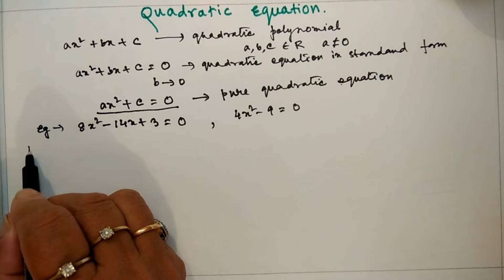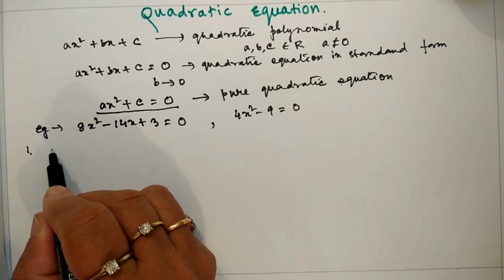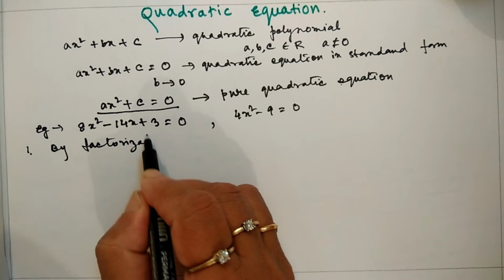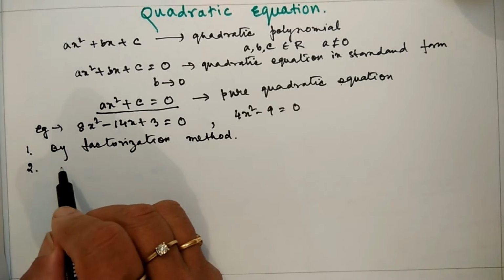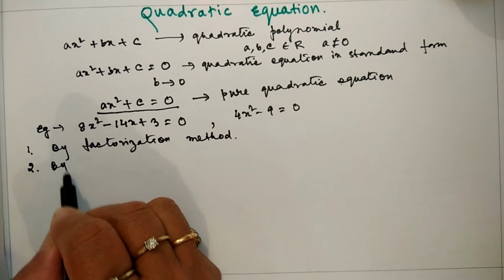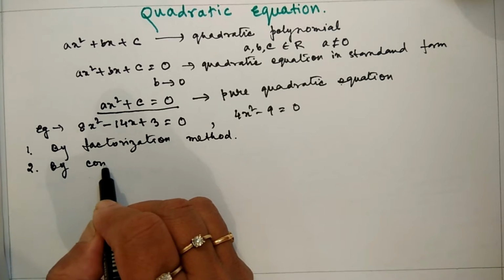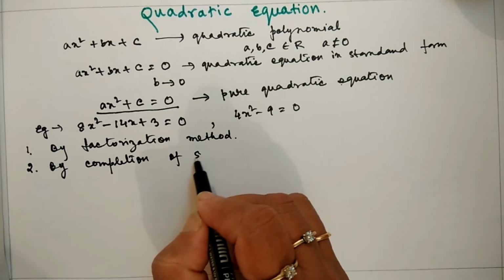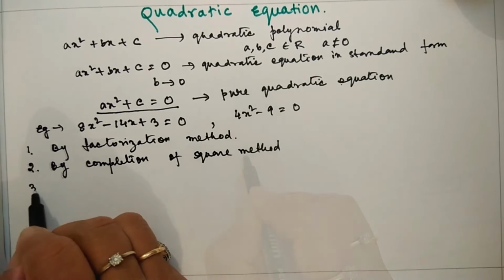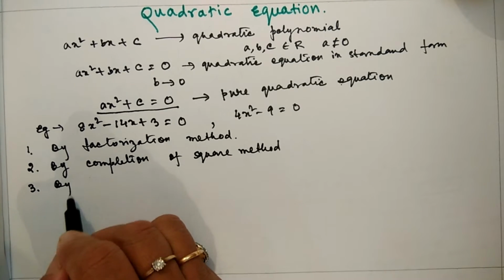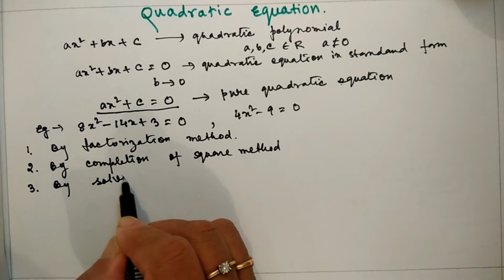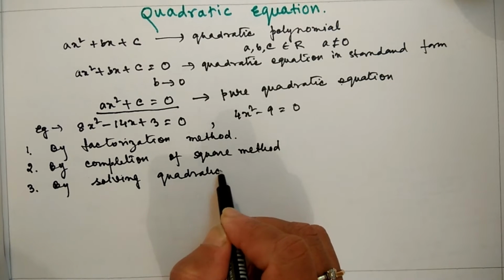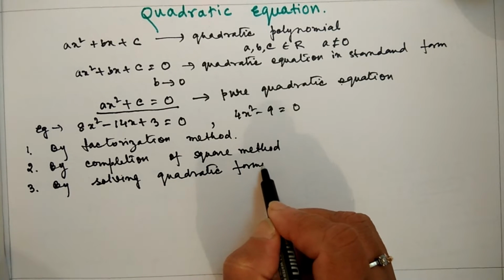Now the methods are: number one, we can solve by the factorization method. Number two, by the completion of square method, and number three, by using the quadratic formula.